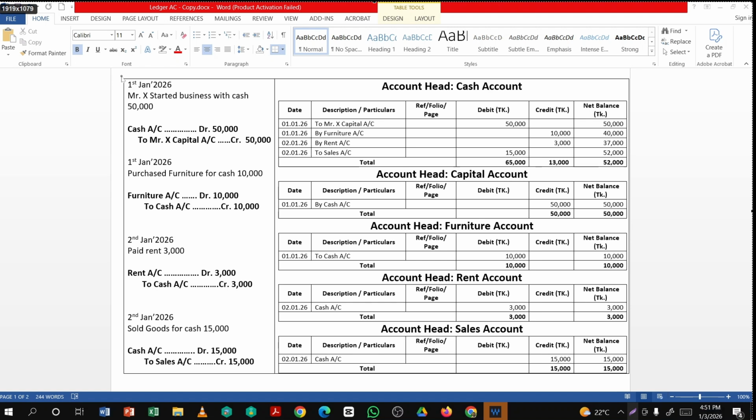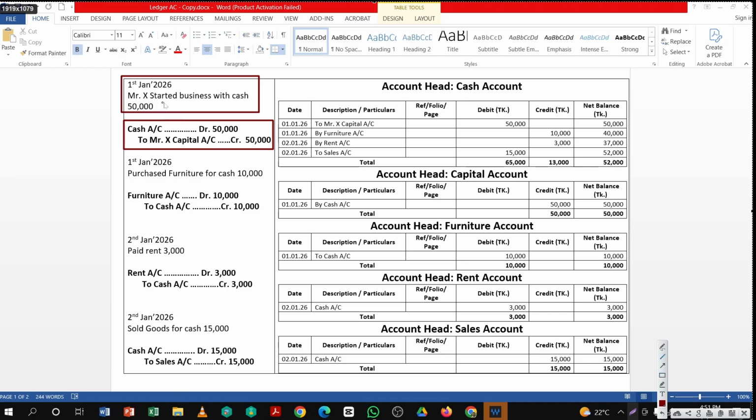First transaction, 1st January 2026, Mr. X started business with cash 50,000. Journal entry is cash account debit 50,000 taka to Mr. X capital account credit 50,000 taka.